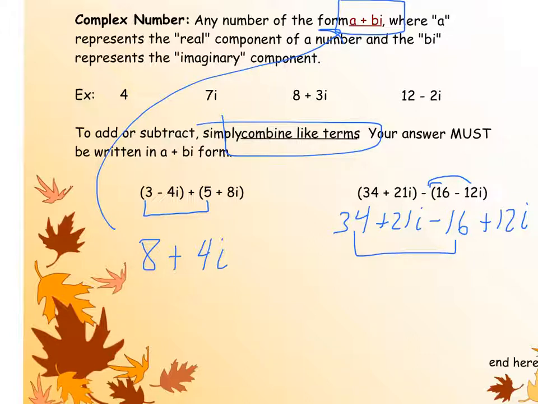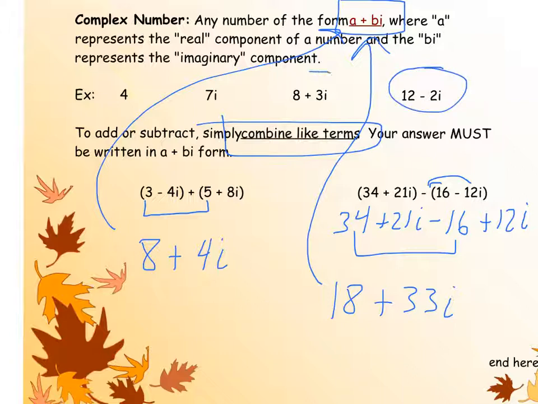This is 34 minus 16. That'll be 18. So the real component of this number is 18. And 21i plus 12i ends up being plus 33i. And again, notice this gets me back to this a plus bi form that I want. Looks just like this and just like that.